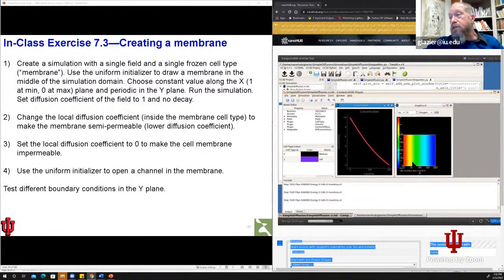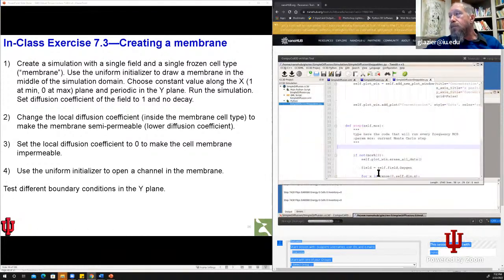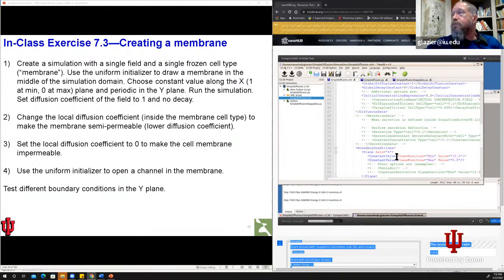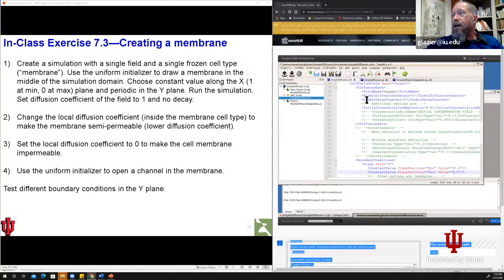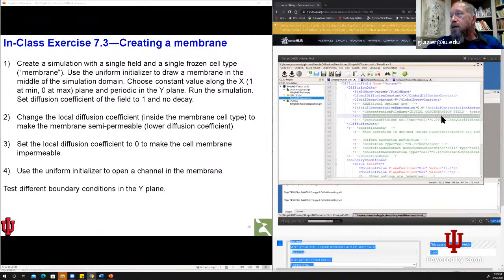Let me show you two things. In our XML, we have a global diffusion constant here. That's the diffusion constant everywhere. However, we can define a different diffusion constant inside cells of a given type.